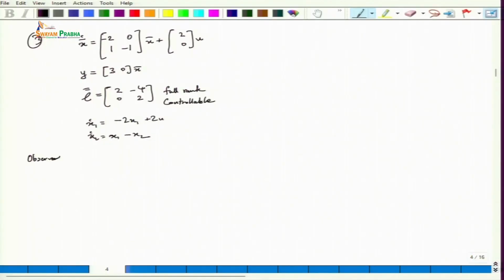So next we will study a related concept, that is observability.